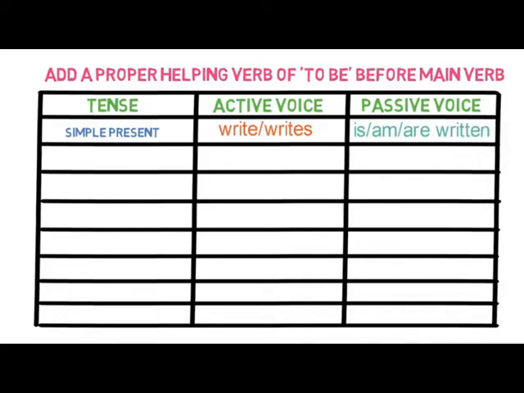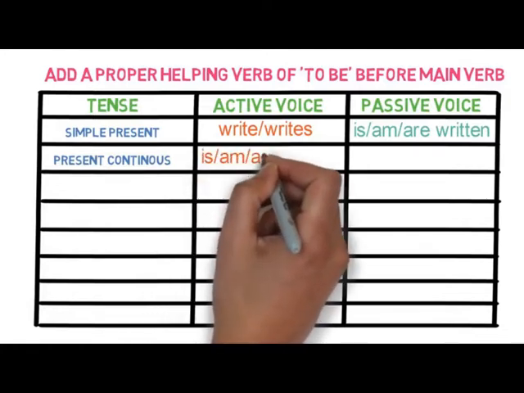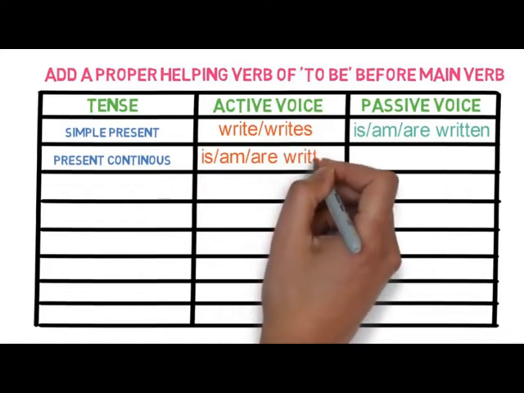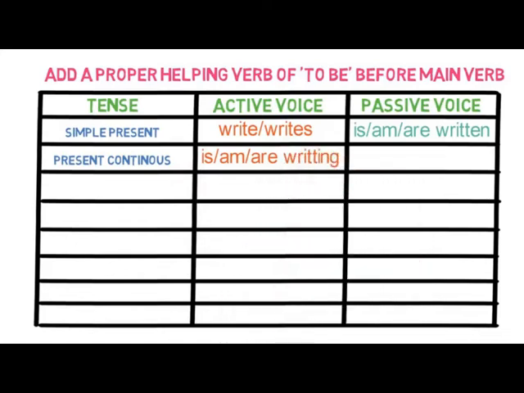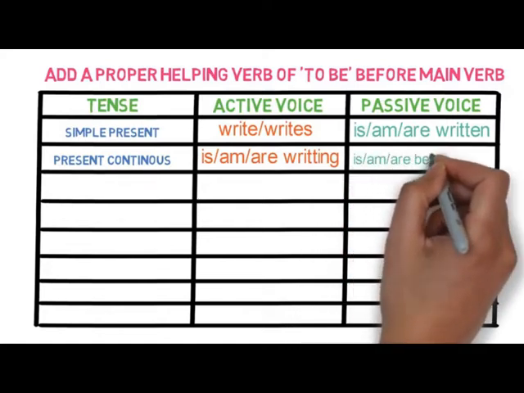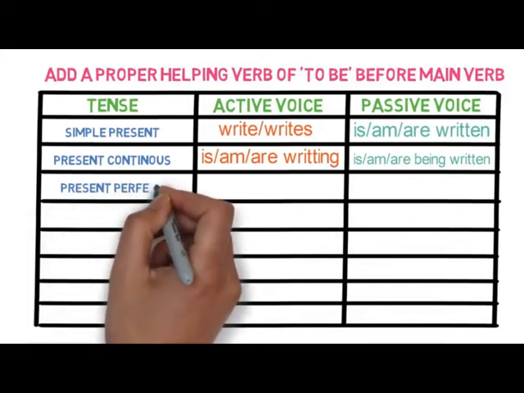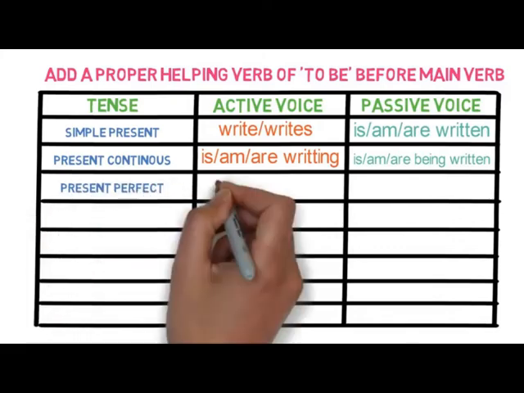If we have present continuous tense, we have is or am or are also. We will add ing to the verb. It will be writing. And in the passive voice, we will change verb to be being, and before it is, am, are. And finally also we will finalize by third conjugation.